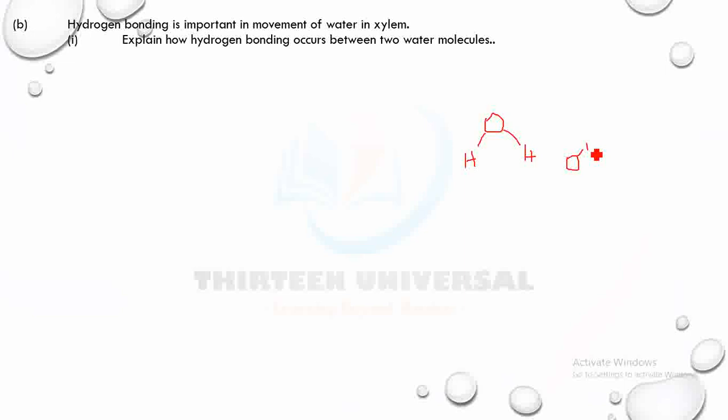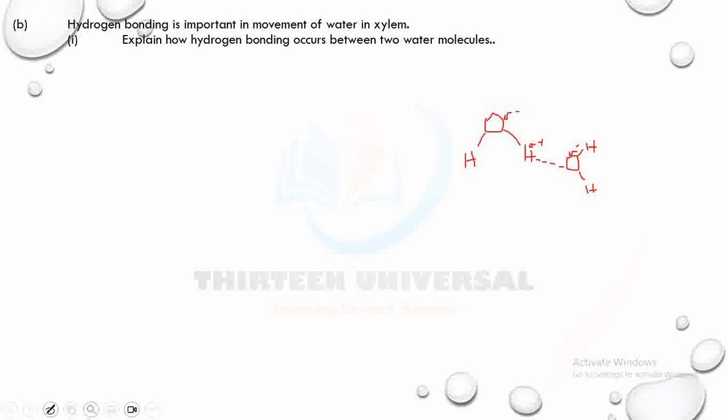I know you know this, but because of the dipole, hydrogen has a small positive charge because oxygen draws more of the electrons to itself, so it has a small negative, or partial negative, charge. So there's an attraction: a hydrogen bond is formed between the hydrogen of one water molecule and the oxygen of another water molecule.